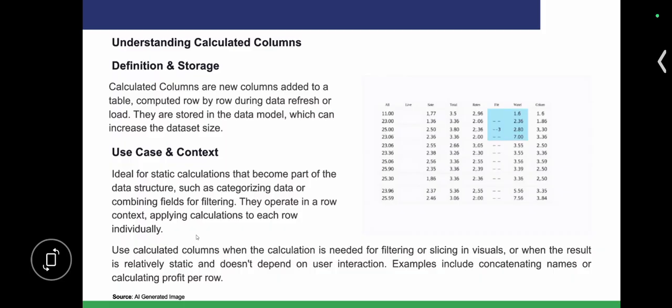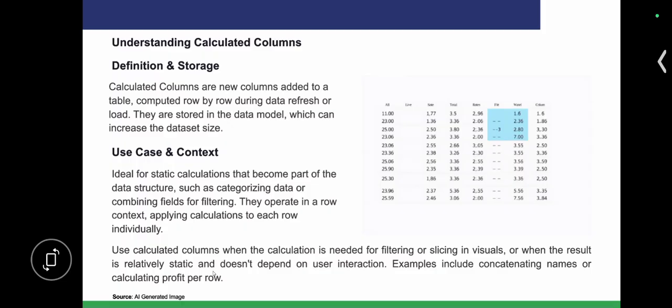It involves categorizing the data or combining fields for filtering. Based on that, you can create more filters, more slicers, and more visuals after getting a new column.